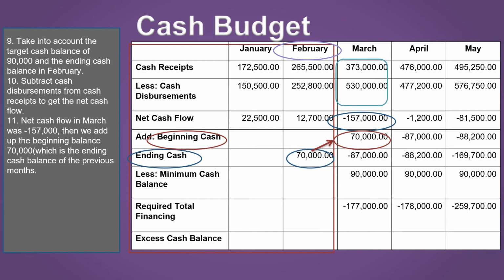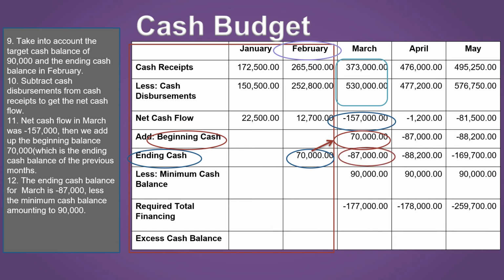Now, to get the ending cash balance, you have to add the net cash flow and the beginning cash balance. So the ending cash balance for March is now negative 87,000 less the minimum cash balance amounting to 90,000.